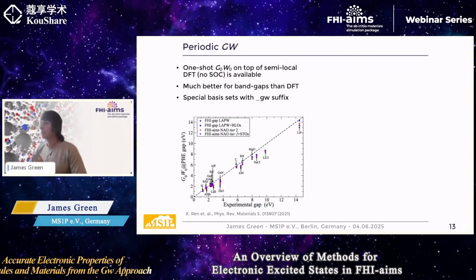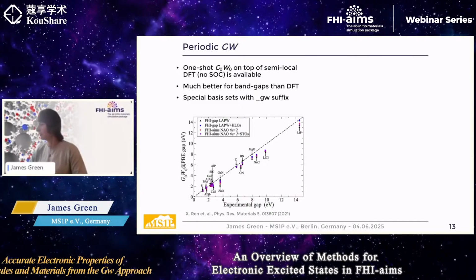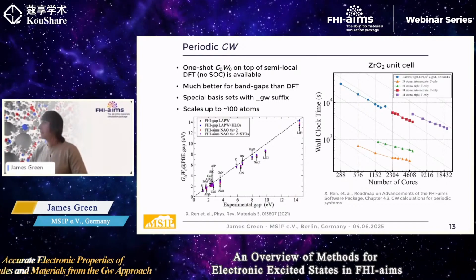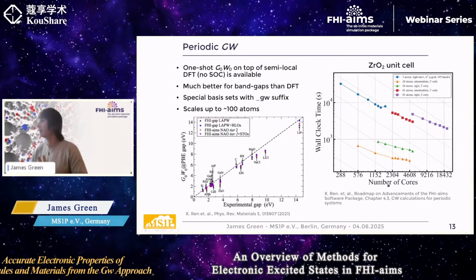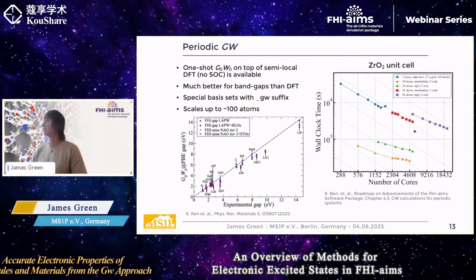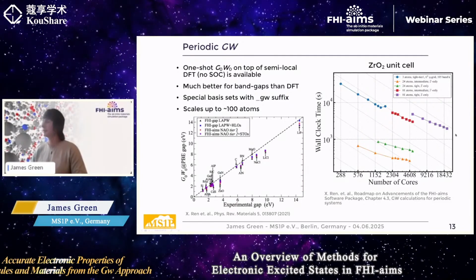We also have specialized basis sets for periodic GW in FHI-aims, which will be covered in the tutorial tomorrow. And the method can scale up to around 100 atoms, as you can see in this figure from the roadmap paper, up to 81 atoms for zirconium dioxide unit cell in this case.